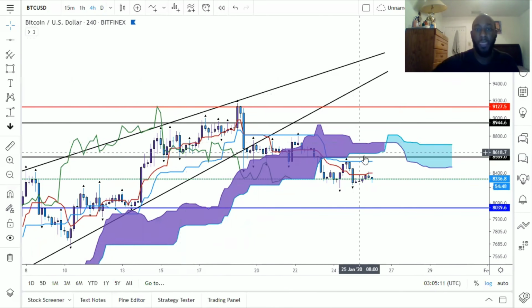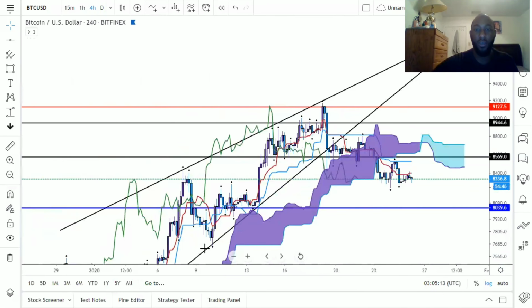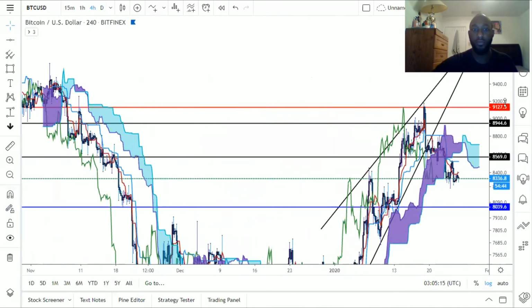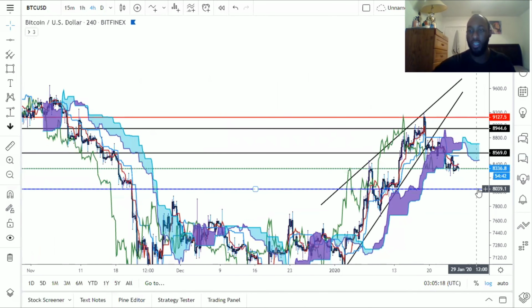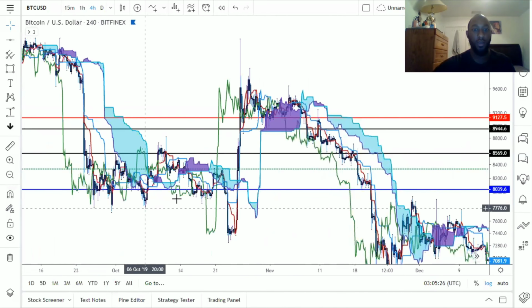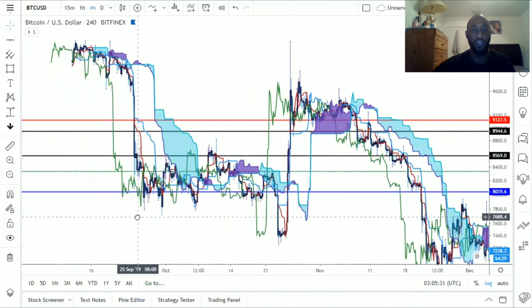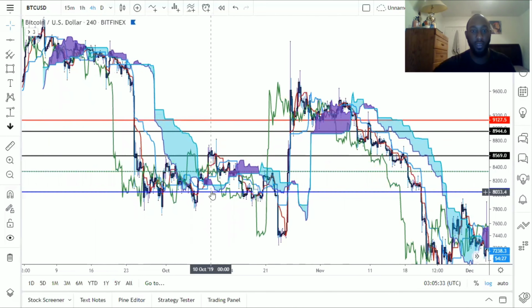All right, let's see. So let's zoom out. This was a Kijun-sen on the daily time frame. Boom. See how it shows on the 4-hour time frame? Boom, on the 4-hour time frame. Look at this. You could adjust it to your liking.